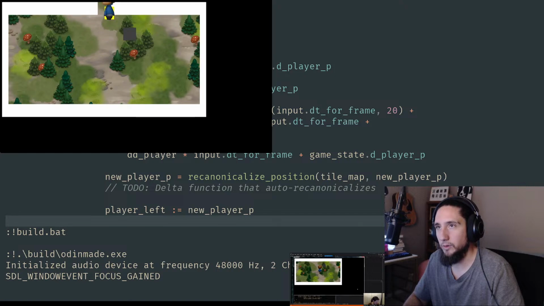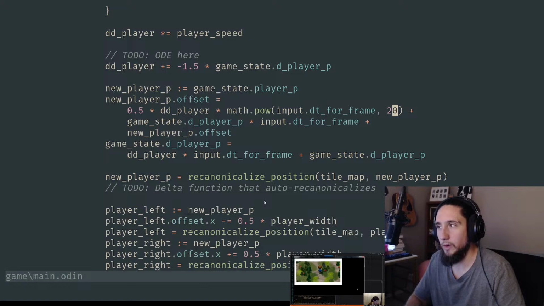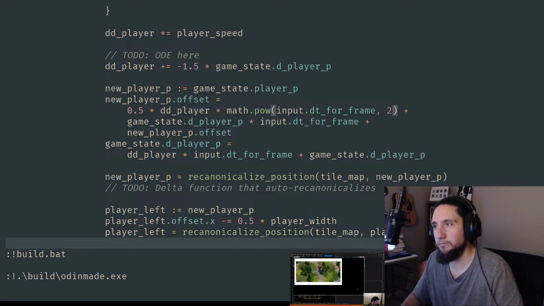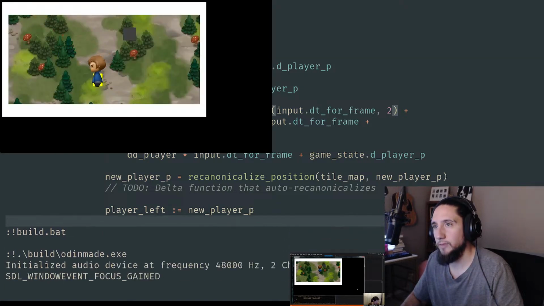And passing in 20 there really didn't do a whole lot. Maybe it feels a little bit quicker. A little snappier, yeah. Like we're not stuck going in one direction nearly as much. We can turn more on a dime.